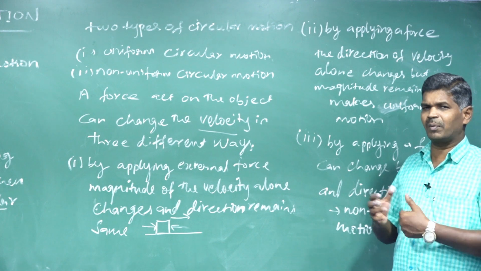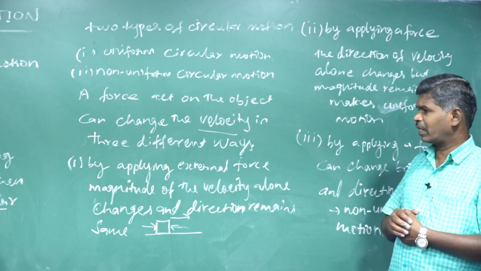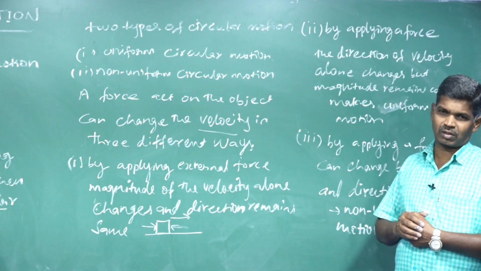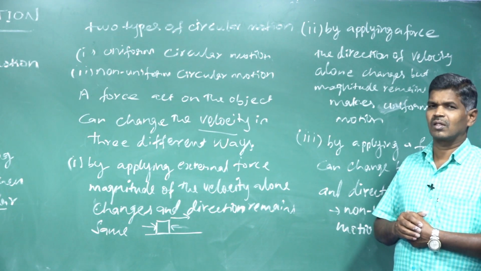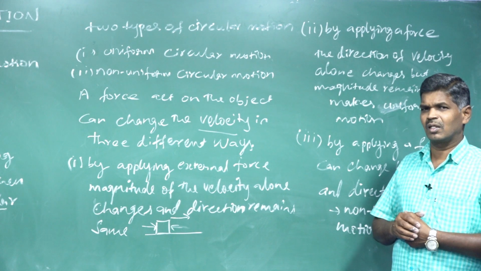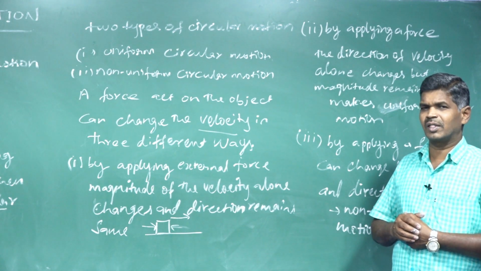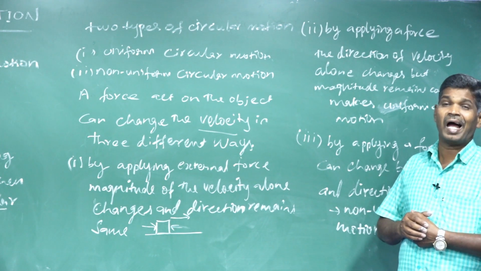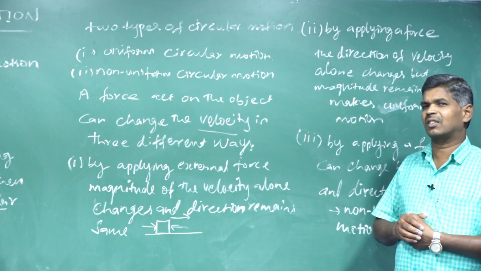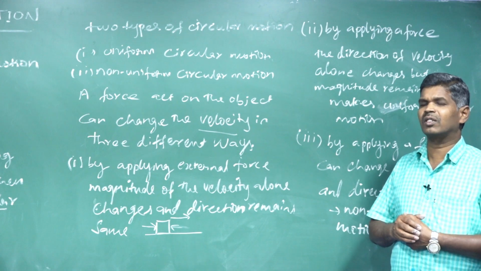So the last two points concern circular motion. Any particle that moves in a circular motion experiences some force, and that force is called the centripetal force, which acts towards the center of the circular path. That we are going to see now.